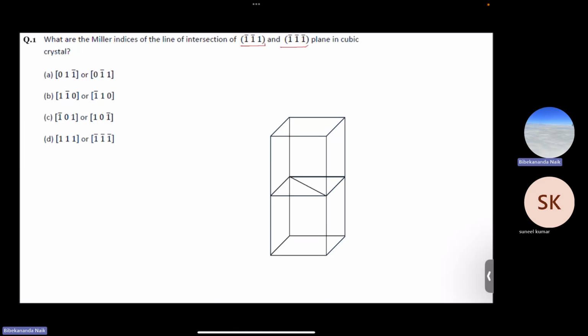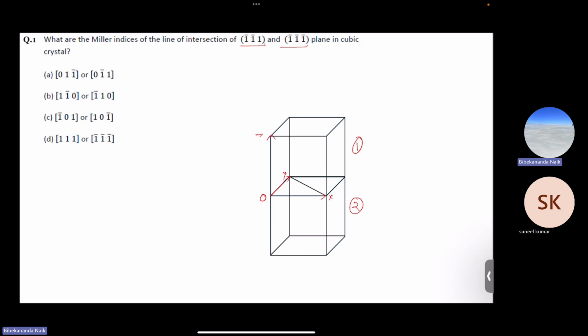Suppose this is a cube. So this is one cube, this is one, this is two. There are two cubes here. Suppose we take this point as O. So this will be the x-axis, this will be the y-axis, and this will be the z-axis.